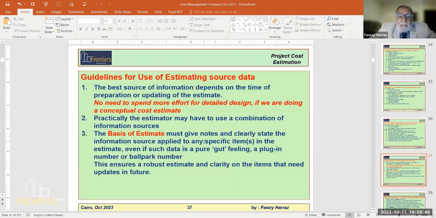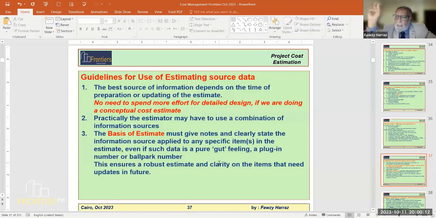The basis of estimate must give notes and clearly state the information source used for any specific items in the estimate, even if such data is a pure gut feeling. That's why I say at the end, if you don't have any source ready, you can make an assumption like, I think it will be like that.